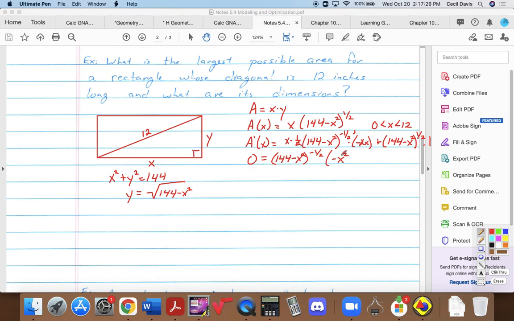So I'm going to have plus 144 minus x squared. So this is going to be negative 2x squared plus 144 over the square root of 144 minus x squared.